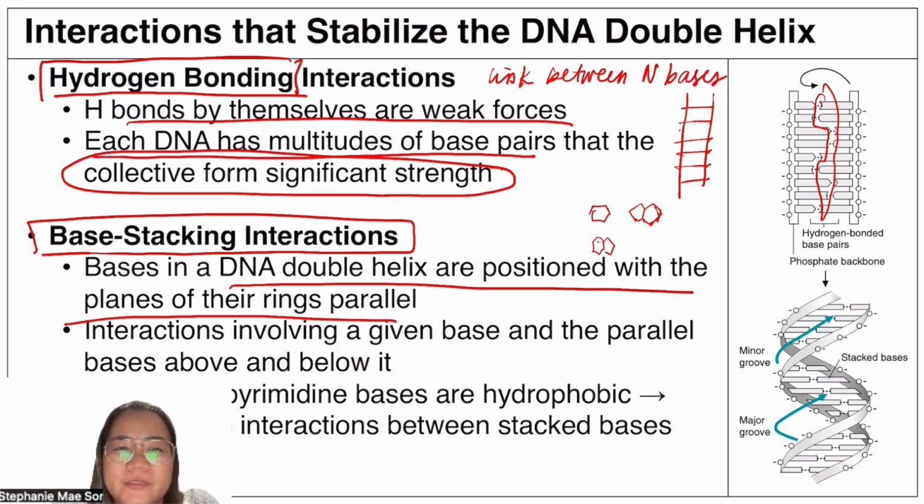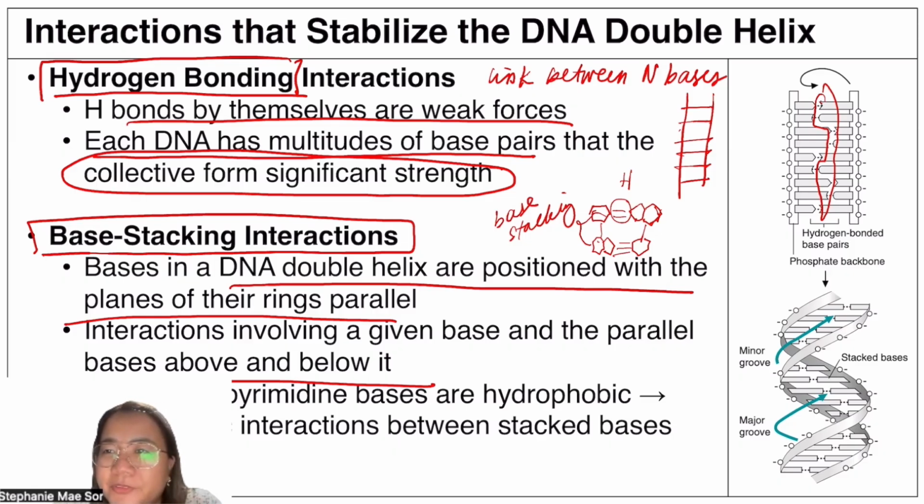So, yung bases na yun, they interact with each other, and then nagsastack siya. So, meron kang hydrogen bonds, stabilizing your double helix this way, and then you also have interactions stabilizing your double helix by the bonding of your bases to other bases above and below. Okay, next. The type of interaction actually found between your purines and pyrimidines are hydrophobic interactions, kasi yung purines and pyrimidines mo are hydrophobic in nature.